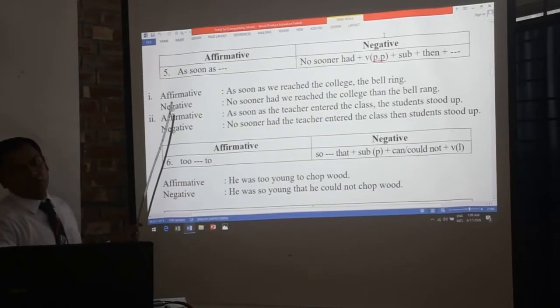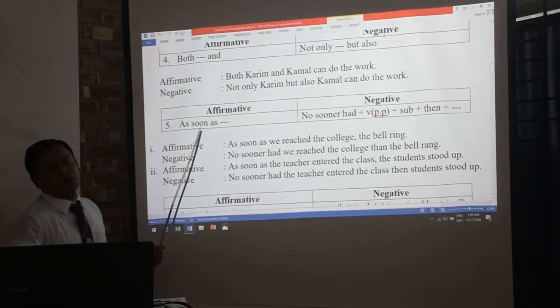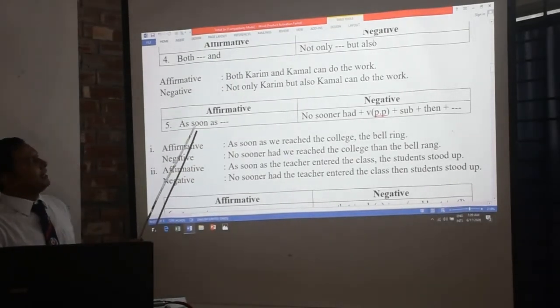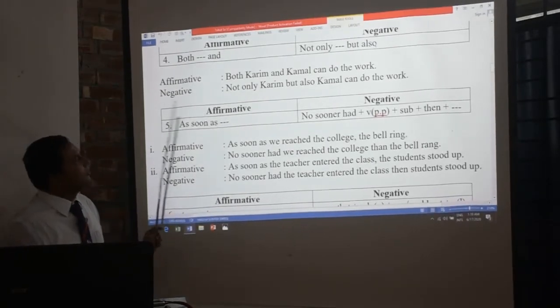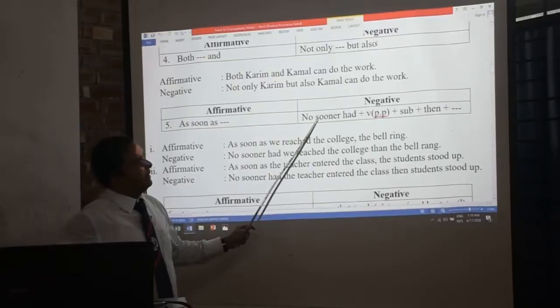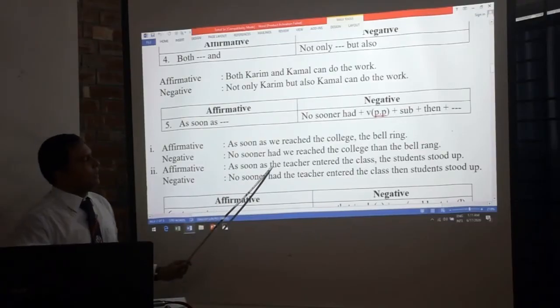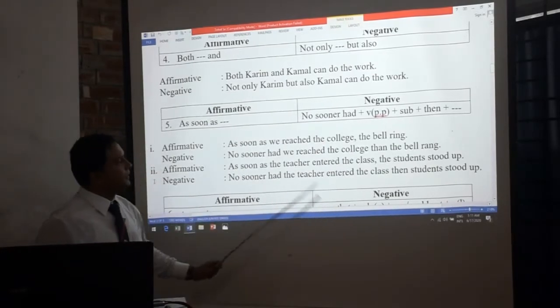In the next rule, you see "as soon as." This "as soon as" can be used at the beginning of a sentence or in the middle of a sentence. For this "as soon as," we will use "no sooner had." Example: As soon as the teacher entered the class, the students stood up.